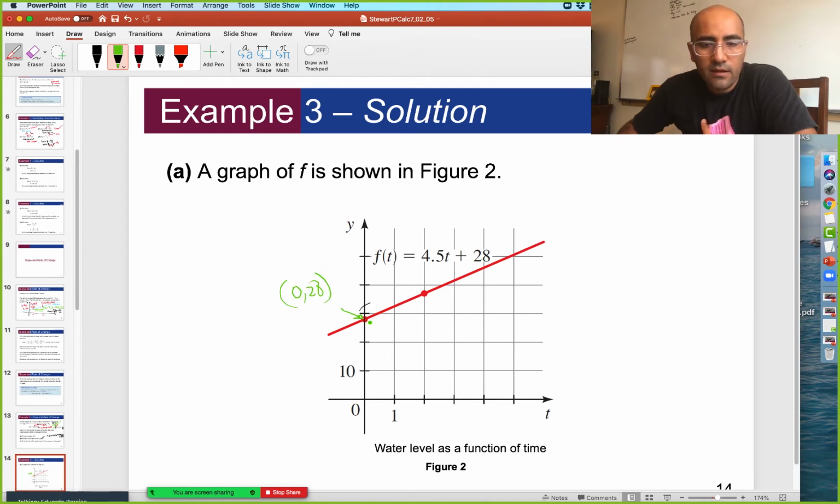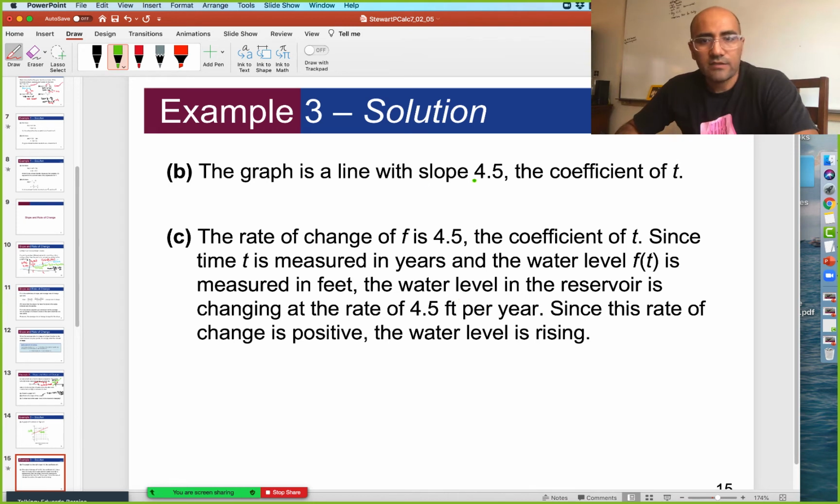And then if you go out 2 units this way and 1 unit up, we get to the point (2, 37). Okay. And then the graph has a slope of 4.5. So the rate of change is 4.5, the coefficient of t, since the time t is measured in years and the water level is measured in feet. Then the water level at the reservoir is changing at a rate of 4.5 feet per year.